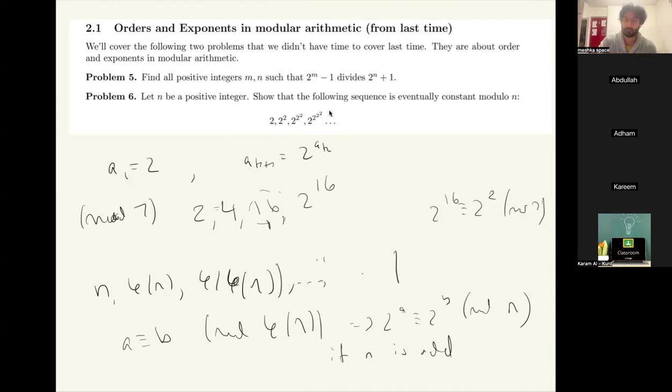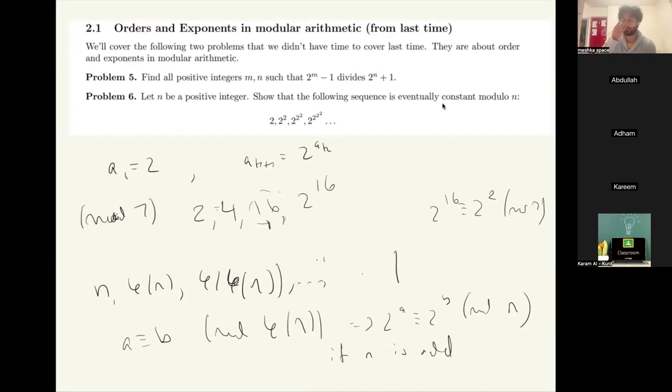Yeah, it's true, right? So let's explain. If it's a power of 2 that's great enough, they'll all be the same modulo the even part, and then you just have to solve for the odd part of n.